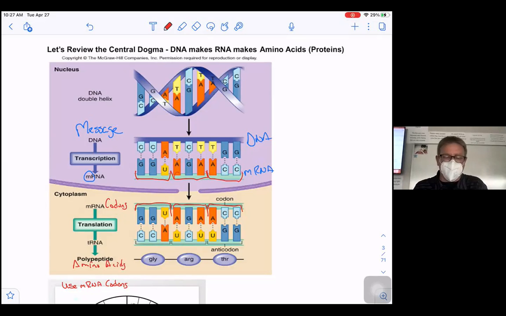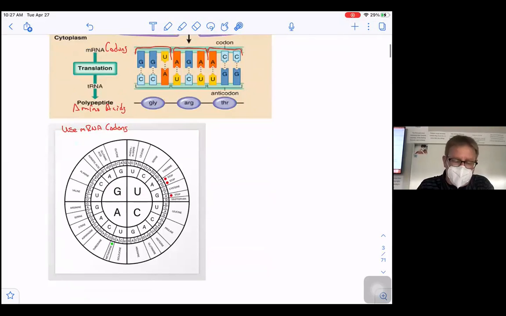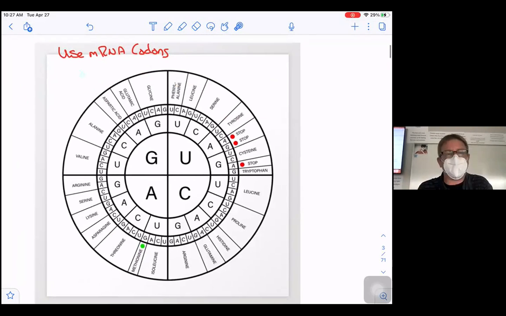Now, it's this amino acid sequence, glycine, remember our amino acids, that we're reading our codons with, and our codons are being read by our amino acid wheel, where we use the mRNA codons to read the amino acid wheel. Remember how we read this: the first letter is on the inside, the second letter is on the second ring, and the third letter is on the third ring, which then leads to your amino acids, which are on the outside ring.